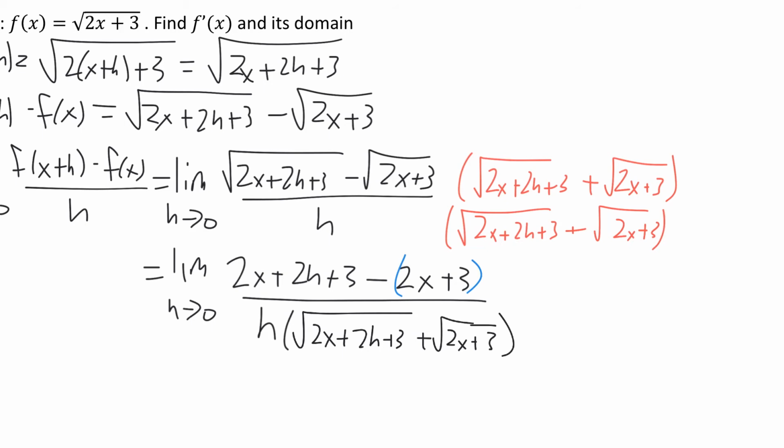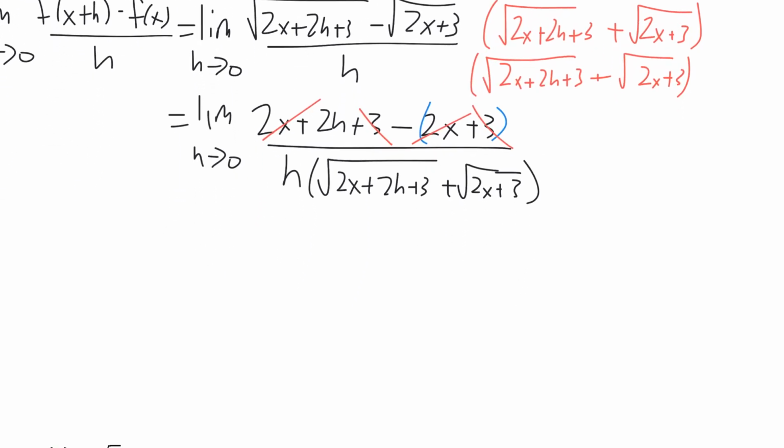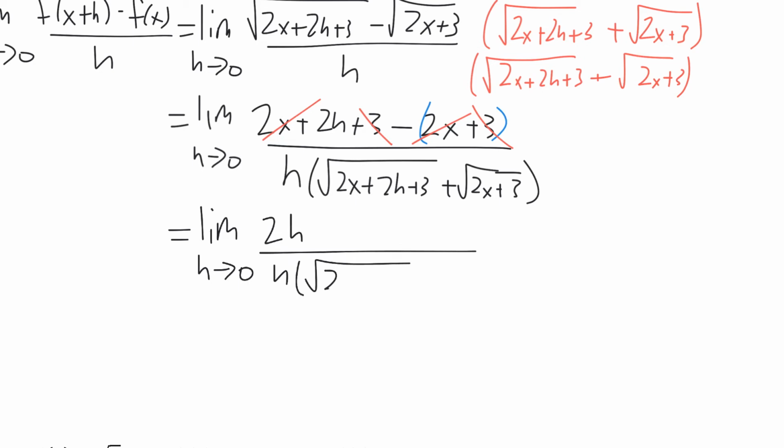And of course, something should cancel. Well, there's a 2x here and a 2x here, and there's a 3 and a 3, because again, that'll be a negative 3 when you distribute the negative. Okay, well, let's simplify and see what we got. We have the limit, h approaches 0, of 2h over h, root 2x plus 2h plus 3, plus root 2x plus 3.